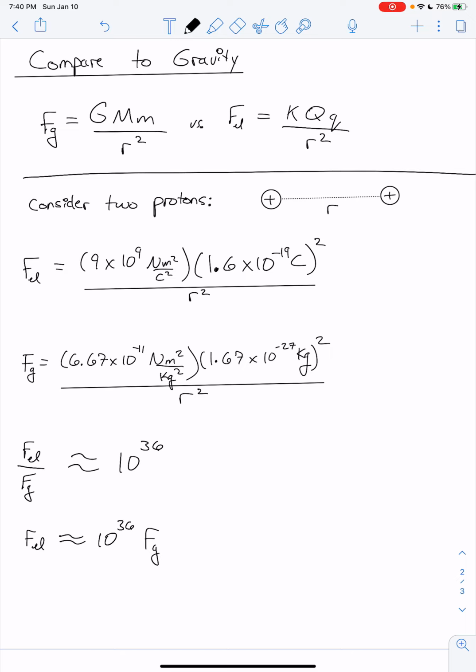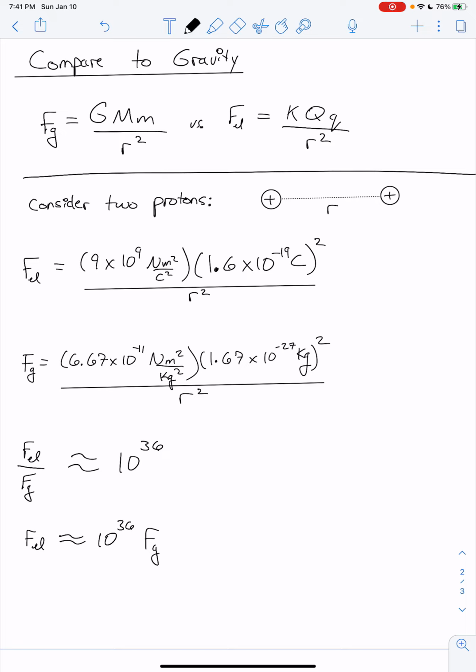And that means that the small amount of charge that you took off your hair, added to the balloon, was able to overcome the downward pull of the entire planet Earth, exerting a gravitational force on that small object.